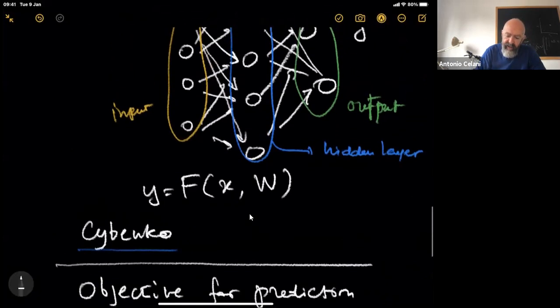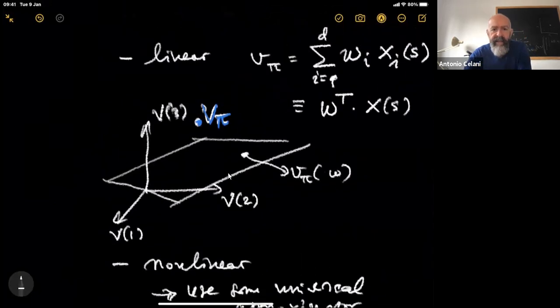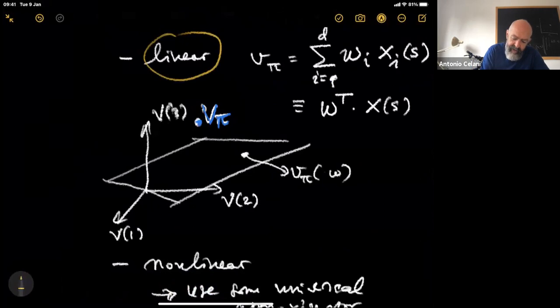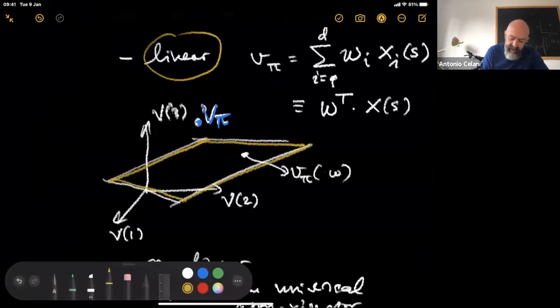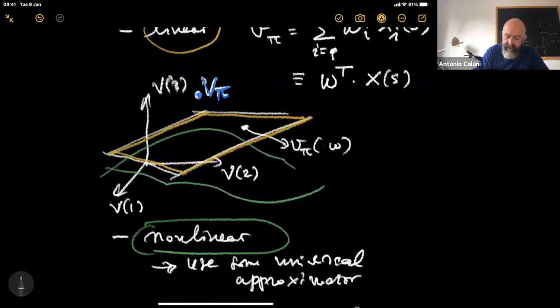Okay, so let's go back to this picture I drew here. This plane here is what you have in a case of linear approximation. The linear approximation is just trying to approximate this with the plane, and in the nonlinear situation, which is here, there is a more complex manifold that you expect to be describing.